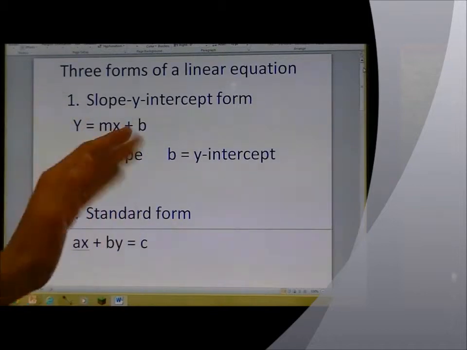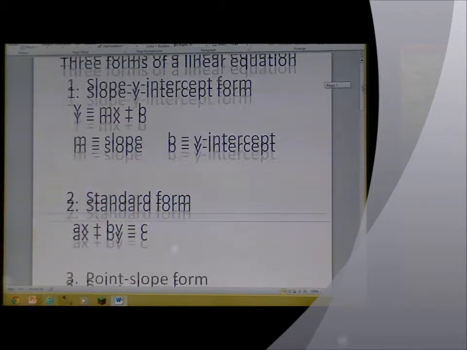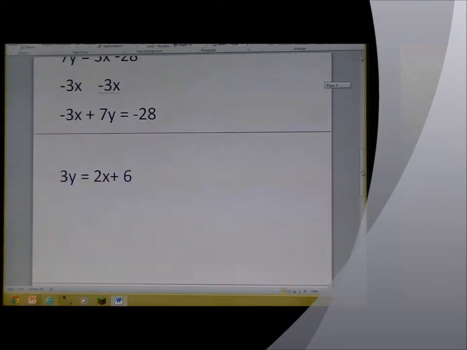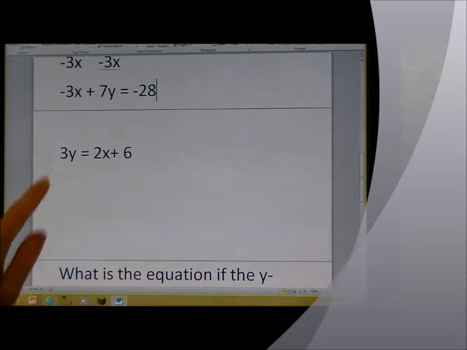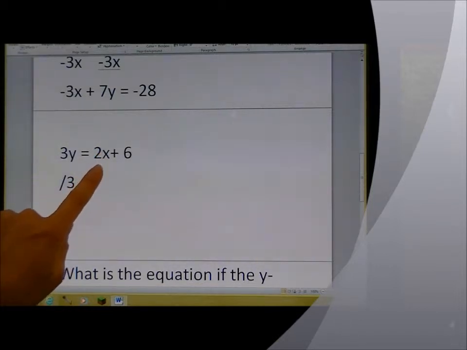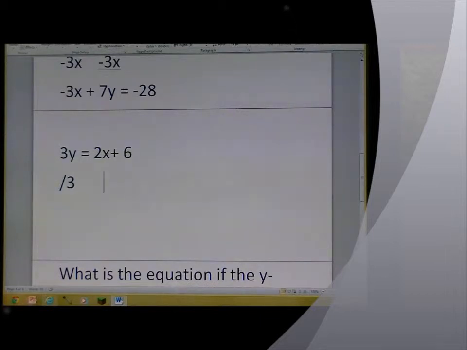We want to move everything over to the other side. The only thing we really have to deal with is the 3, because the 3 is the only thing with the y. So we want to divide each side by 3, and we divide each of the terms by 3, because that's using the distributive property.